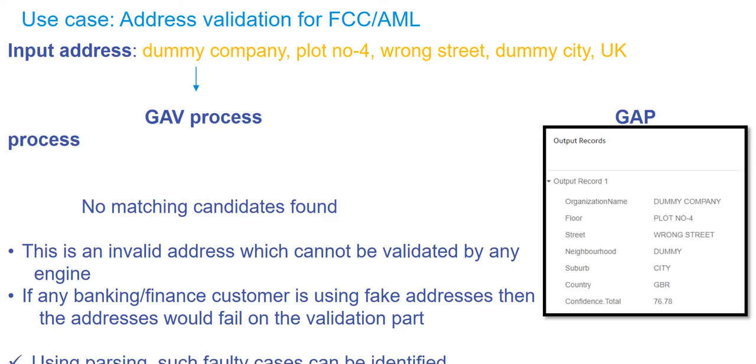But if you pass it through the address parser, you can have various filters. So for example, if an organization got tagged as a dummy company, you can put a small filter and report to the client that these organizations from the invalid addresses are fake. So instead of giving the whole address, you can give out a detailed analysis to stop the fake accounts.